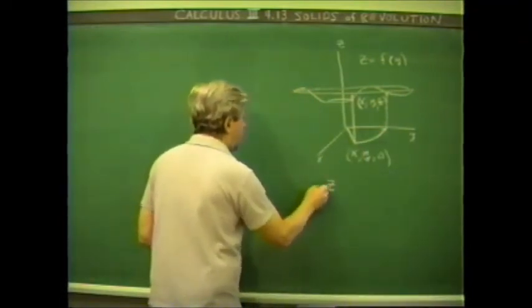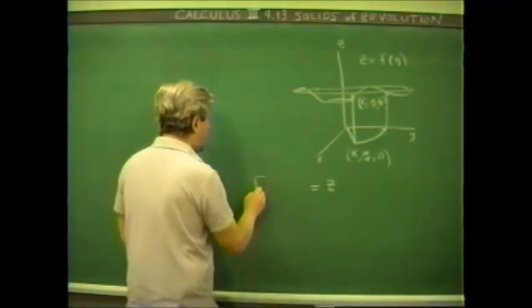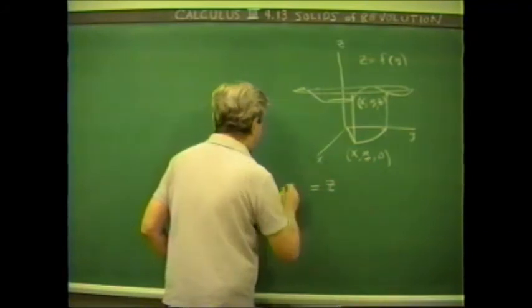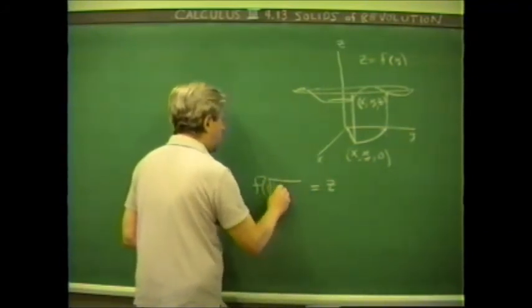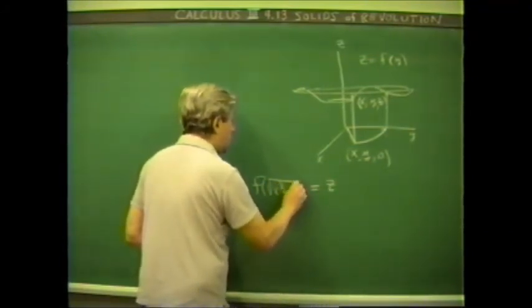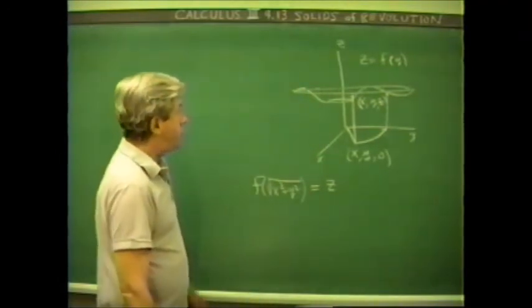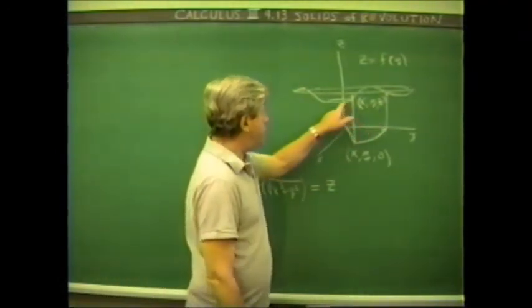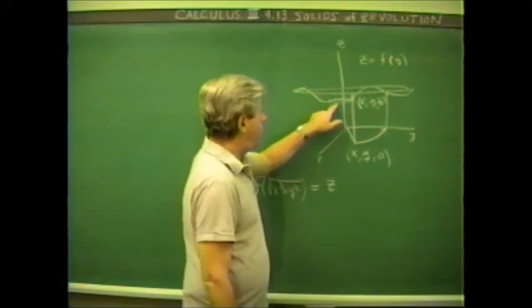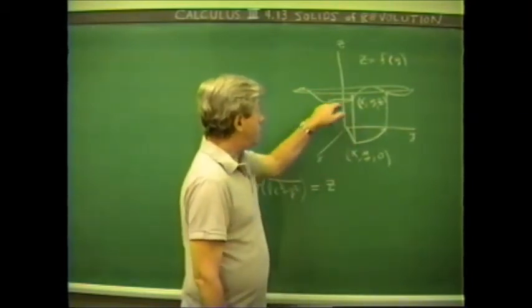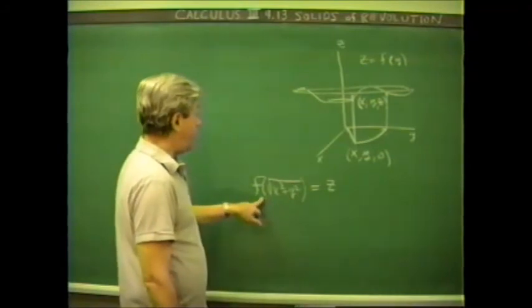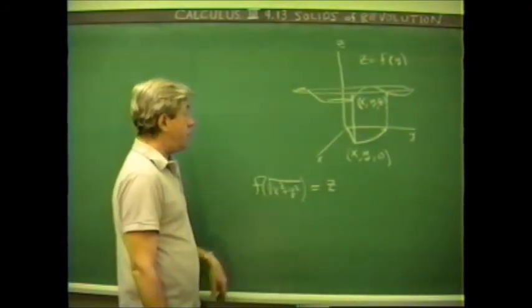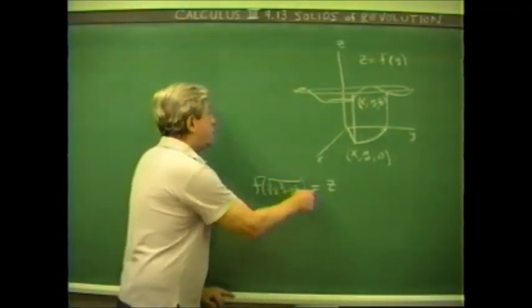So z must be equal to the function at the square root of x squared plus y squared. Slightly different principle here, but basically the same idea. Take a point x, y, z, you ask what does it take for it to get on this surface, and this is what must happen. F of the square root of x squared plus y squared must be equal to z.